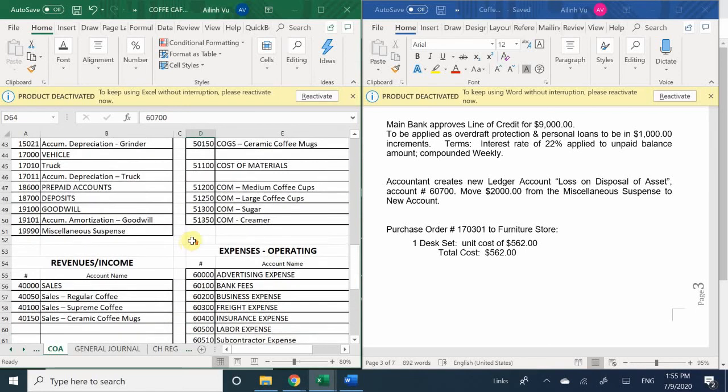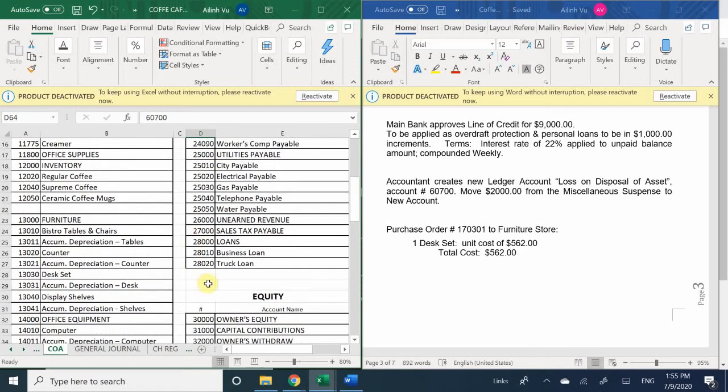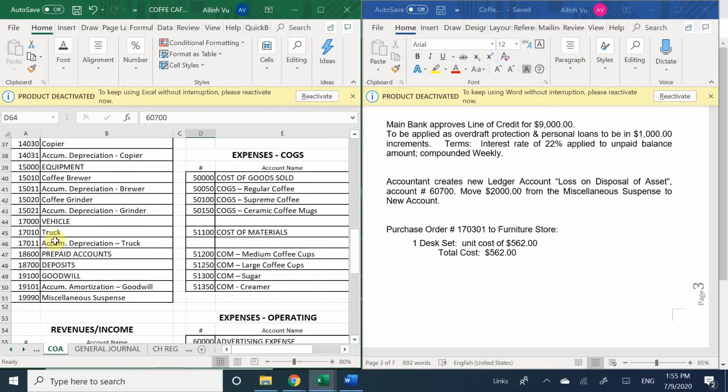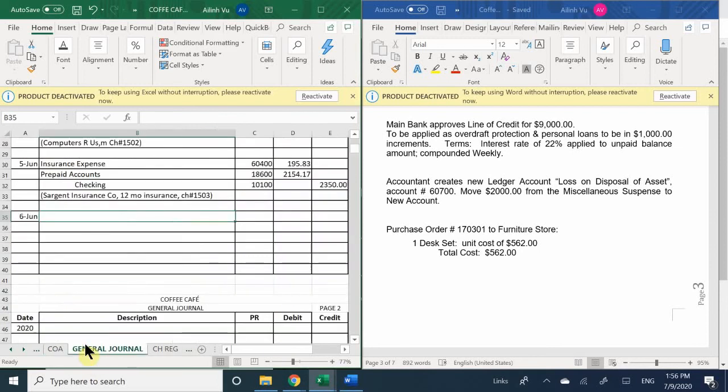And we know that miscellaneous suspense is going to be an asset because we didn't know what to do with it. And it is for 1990. Okay. So now we're going to go back to our journal and we're going to transfer from one account to another.